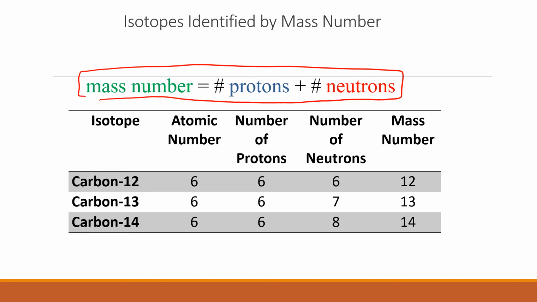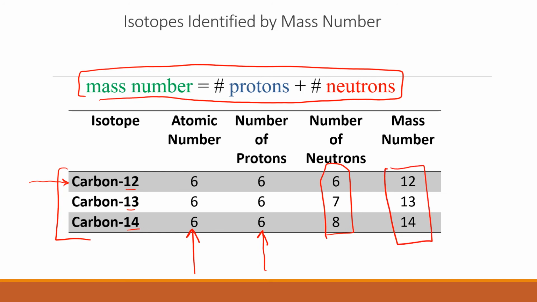These numbers are used to refer to which isotope we are referring to. So carbon 12 means the isotope of carbon which has the atomic mass 12. In all these isotopes, the atomic number and number of protons remain the same, but the number of neutrons will be different, and because of that, atomic mass will also be different.